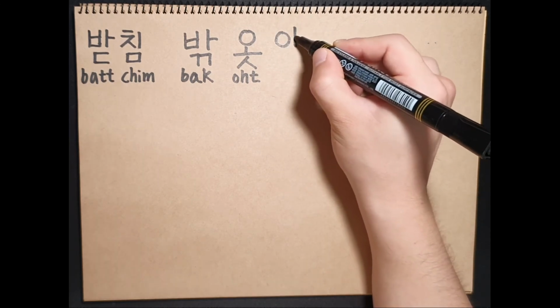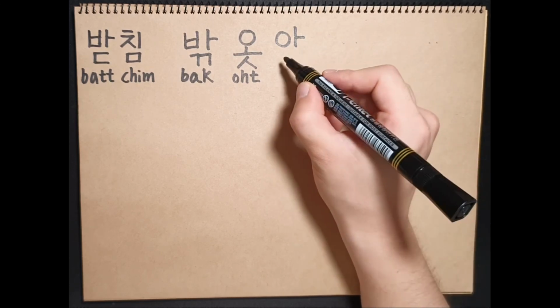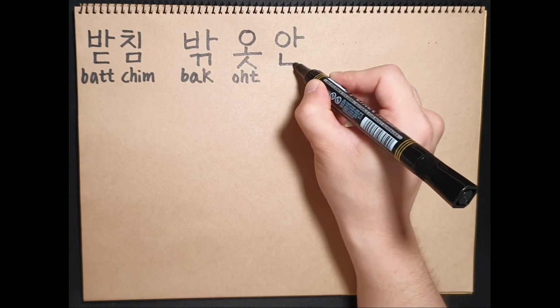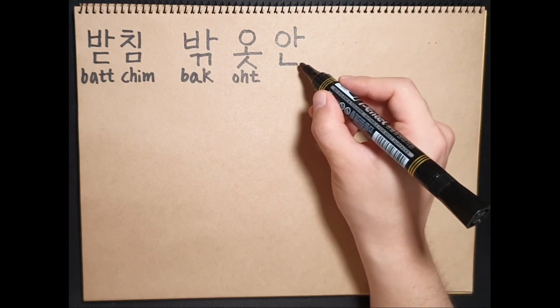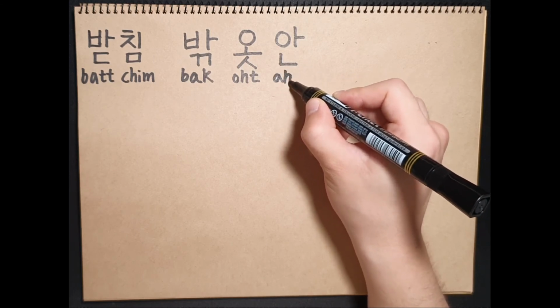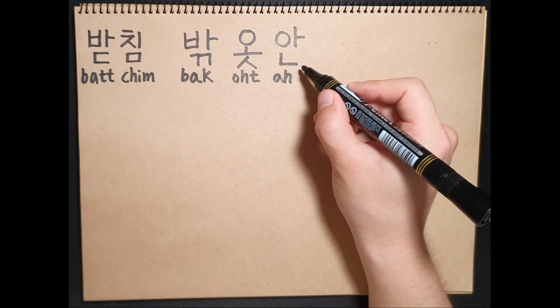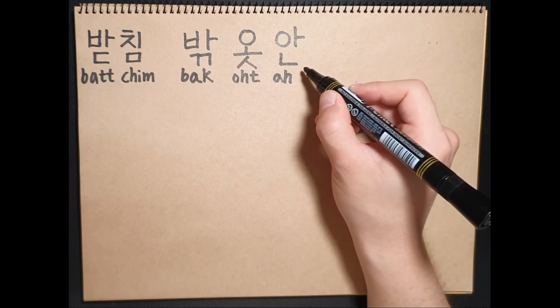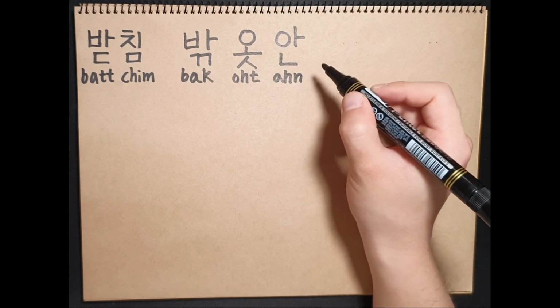And with the letter A, you can add 니은 at the bottom of A. So 니은, when it is at the bottom of a Korean letter, it has the ending sound of N in English.